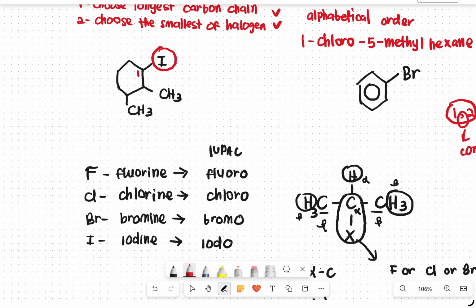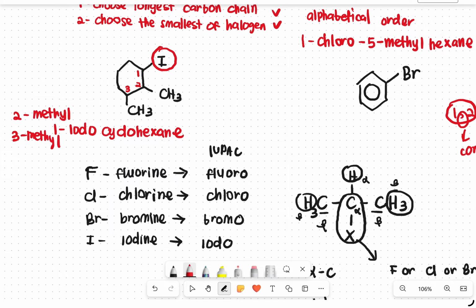This one will be number 1. And then we choose the smallest number again for the substituent, so 2, 3. The parent name will always be cyclohexane, because this is a cyclic structure. So 1 iodo, you list out first, and then 2 methyl, and then 3 methyl.